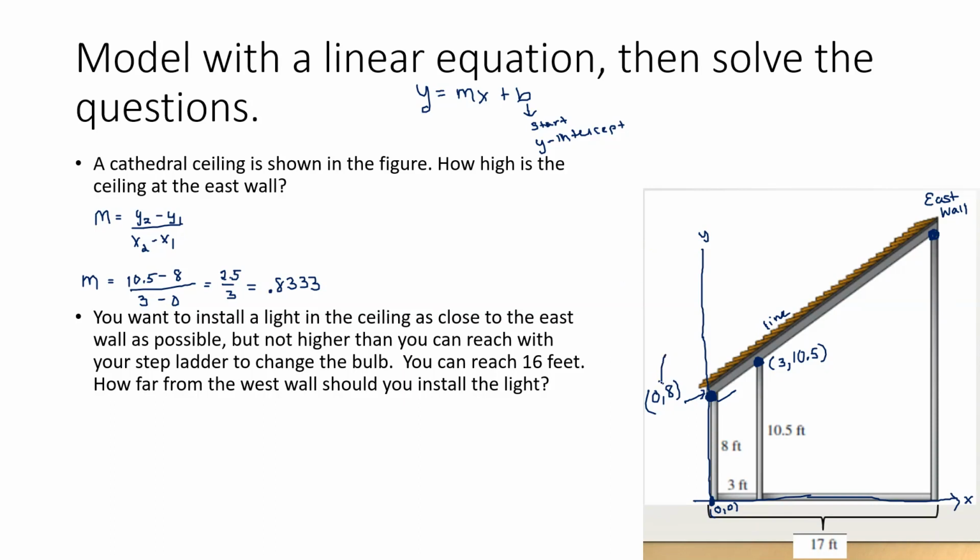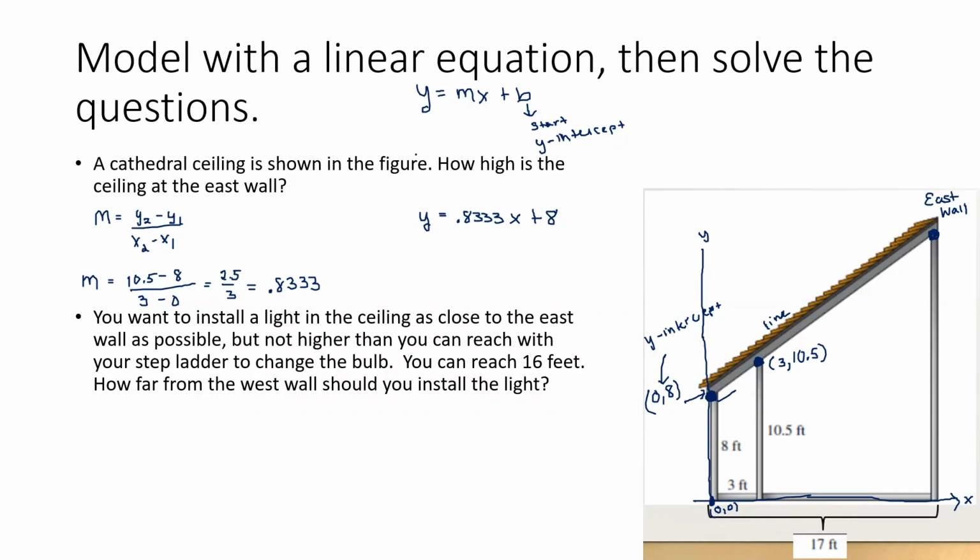So this 8, this starting point, is the y-intercept. And so without doing any additional algebra or math, I can write my formula. So my formula y is equal to 0.8333x plus 8, because that was my starting point on my y-intercept.